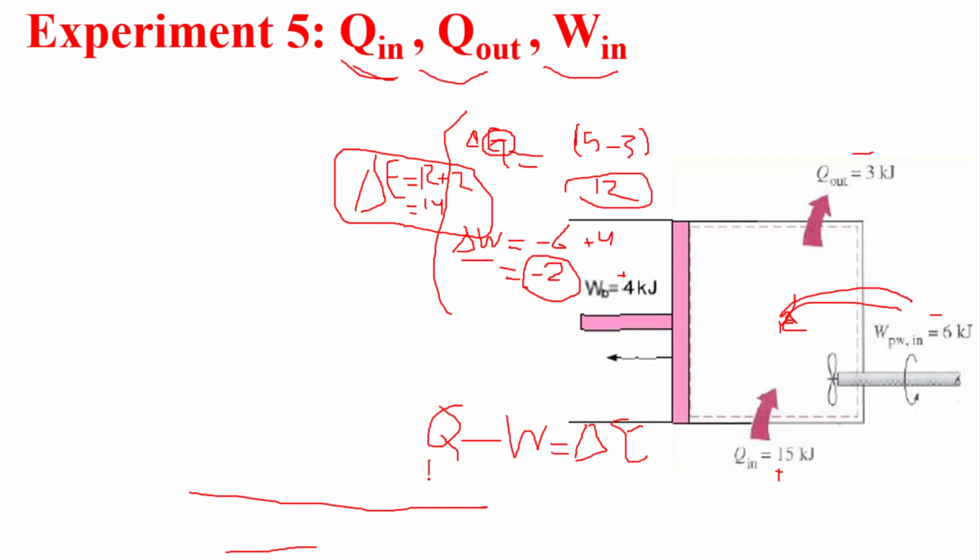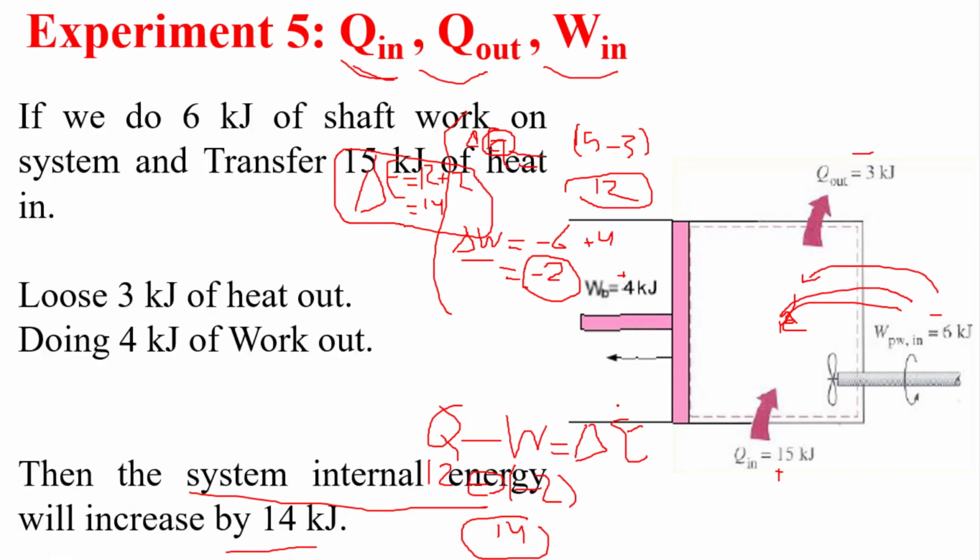So this is 12, and here minus 2, which gives us 14. Here is where it comes from, because delta E, the energy change of the system, will increase up to 14. Why? Because the minus 2 means work is entering the system, so the energy of the system will increase.